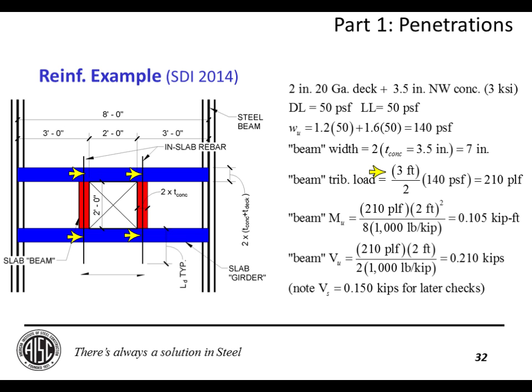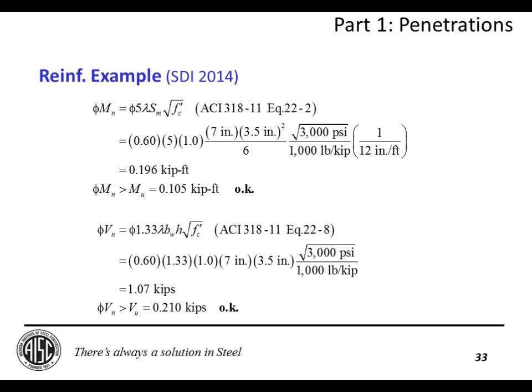And from there you can use our good friend statics to calculate the moment and shear demand, WL squared over 8. And that gives you 0.105 kip feet and 0.210 kips that needs to be resisted by this concrete. So there's a couple ways for resistance. You can go ahead and design a piece of reinforcing to handle it, or if you so desire, you can look at ACI's provisions for plain concrete to see if you can get out of putting the reinforcing in there altogether.